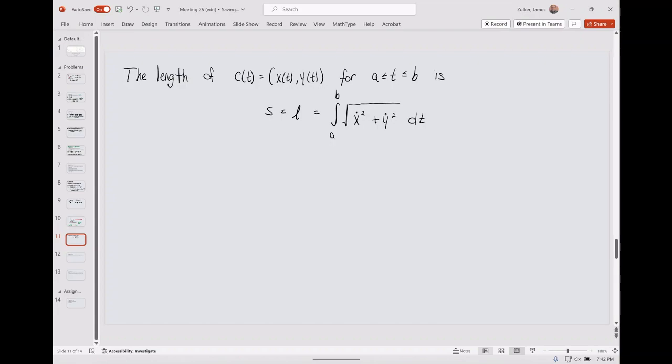I'm also going to give surface area because I don't have a problem with surface area.